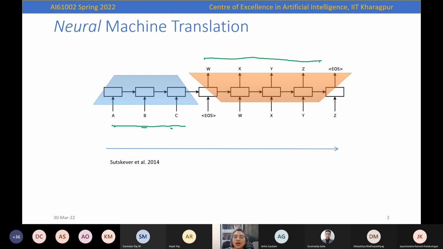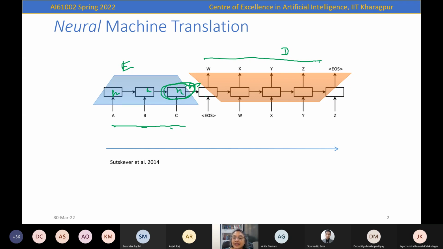So these are the hidden nodes at the input. The hidden node at this point is used as an input to the decoder. This part is called the encoder and this part is called the decoder. The decoder takes this as the input. This state captures the essence of the entire input.